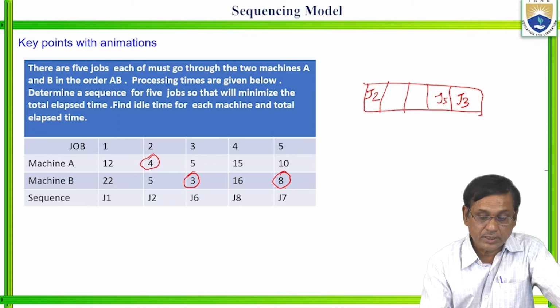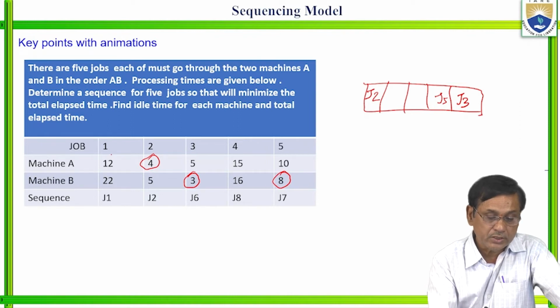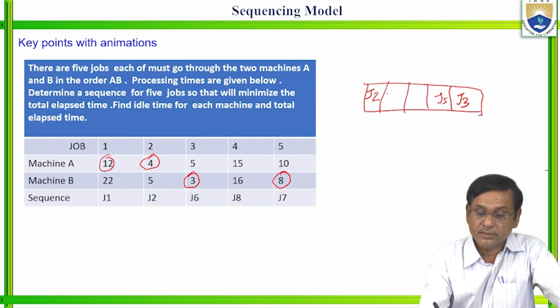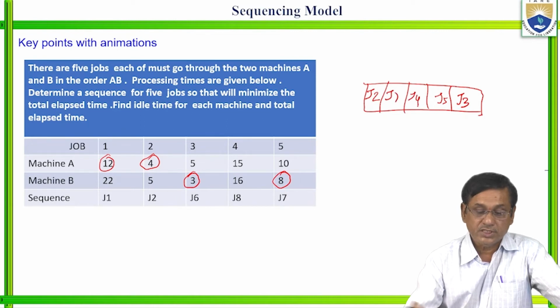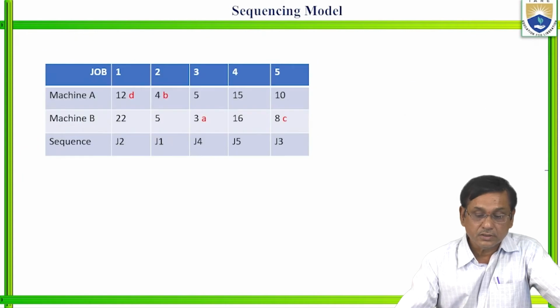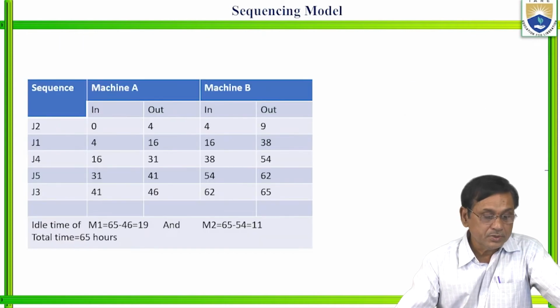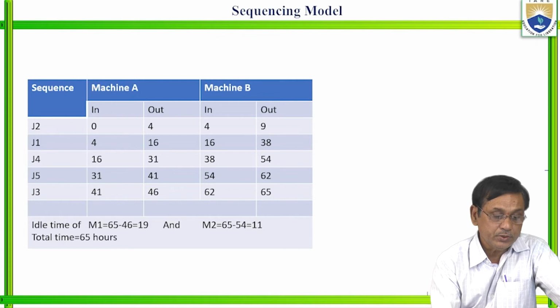Then this is over. The next lowest is 12, so you can write J1 and the next one is J4. So this is the sequence: J2, J1, J4, J5, J3.